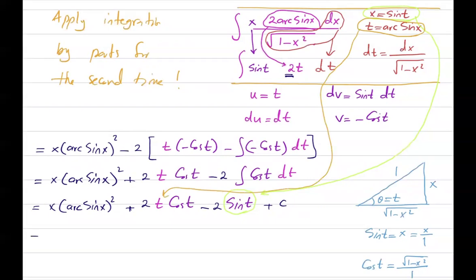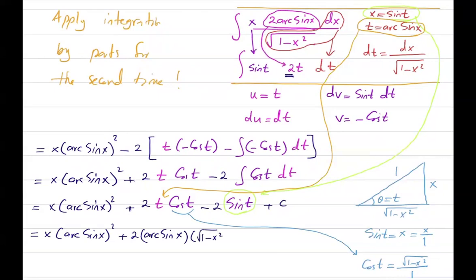Very good. So our integral is x arc sine x to the second power plus 2 times t, but t is arc sine x, times cosine t. Cosine t, I found just right here. So plus 2 arc sine x times the square root of 1 minus x squared, minus 2 sine t, which is x itself, plus the constant of integration.